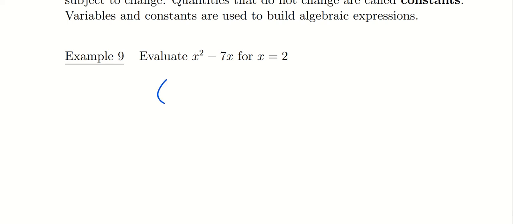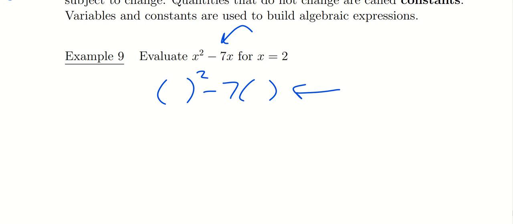One of the best pieces of advice I will probably give you all semester is whenever you're trying to rewrite an algebraic expression, what I like to call write out the statement form of that expression, where I simply take and replace the variable with a parenthesis. So x squared minus 7x, the statement form would be input squared minus 7 times input.